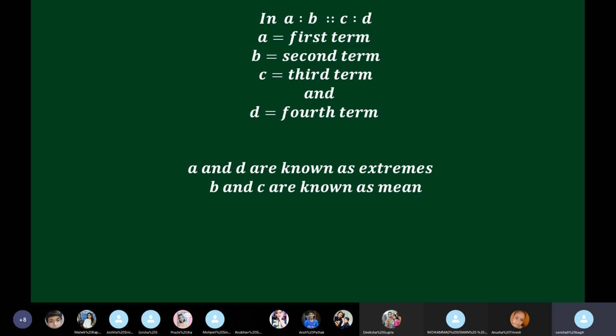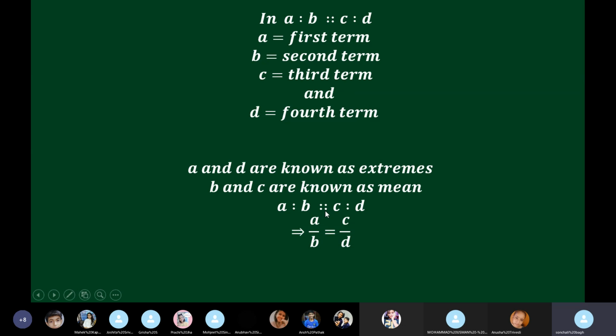No, ma'am. So if it is in the form A is to B proportional to C is to D, that means A upon B is equal to C upon D. When we write in the form of ratios, the proportion sign is used.